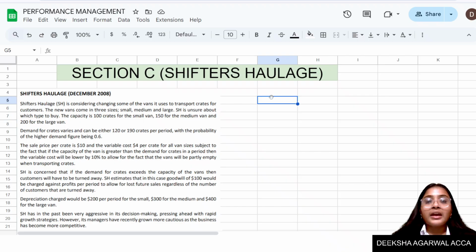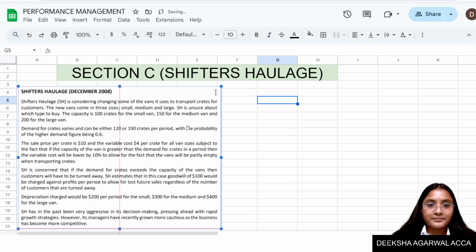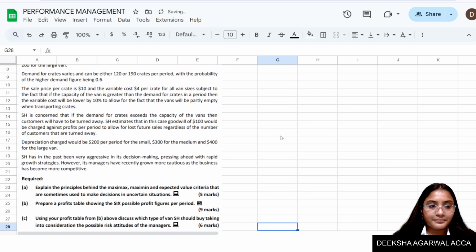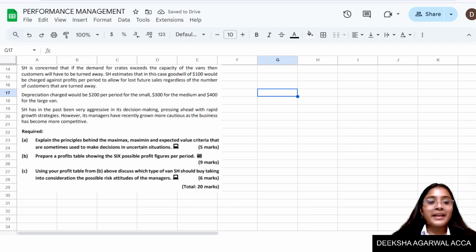Now, when I talk about the Shifter Haulage question, what is it all about? Let's first of all read it. What they're asking us: explain the principle behind the maximax, maximin and the expected value criteria that are sometimes used to make decisions in uncertain situations.